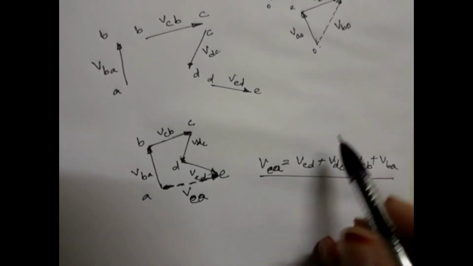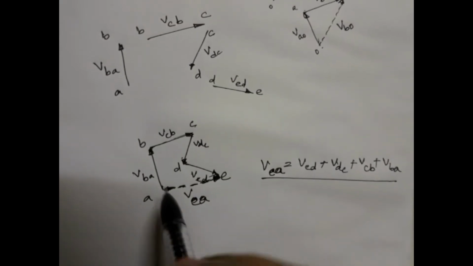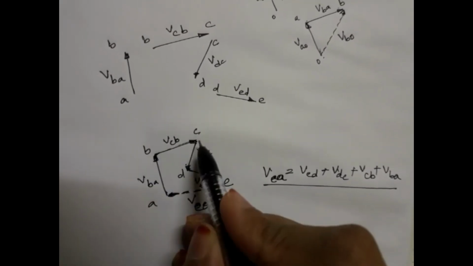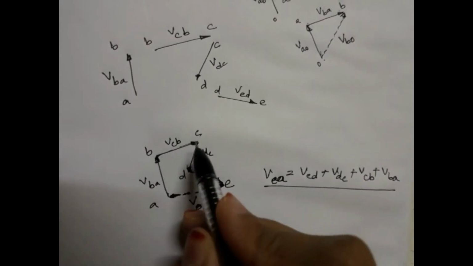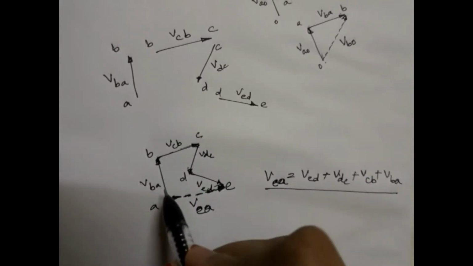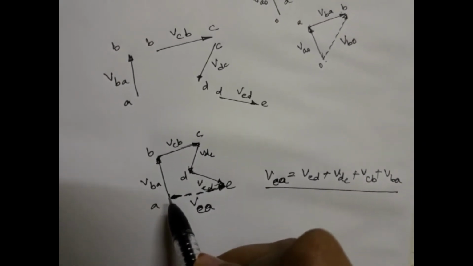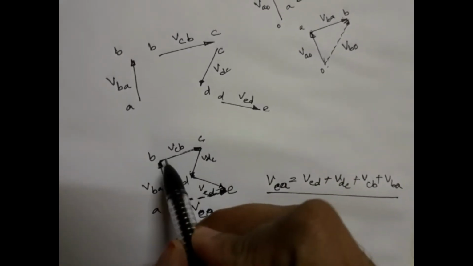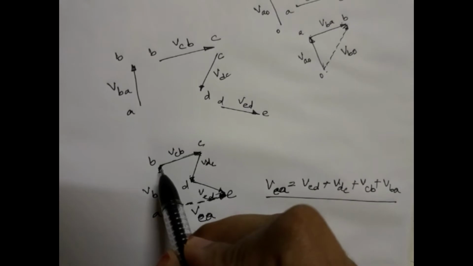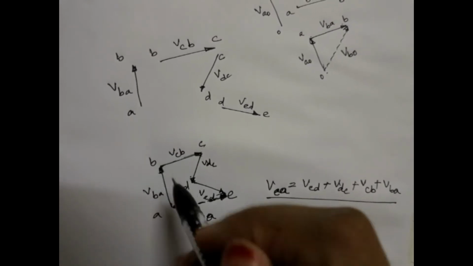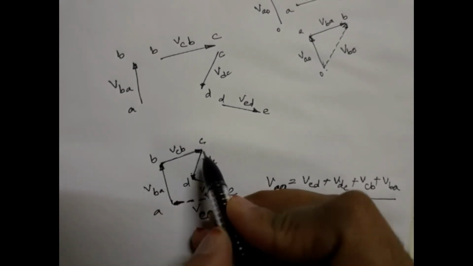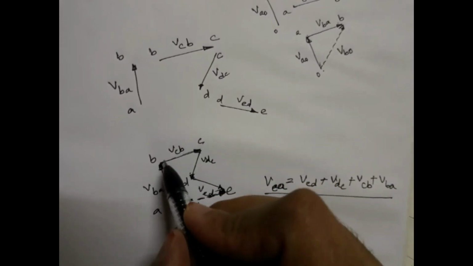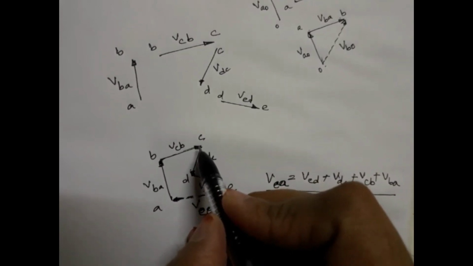And here, before we add these up, we have to be very sure that when we are taking these velocities or vectors in order, the first vector starting from its tail to head, the second vector's tail should be at the first vector's head. Again, when it is VCB to VDC, this is the head of the second vector.